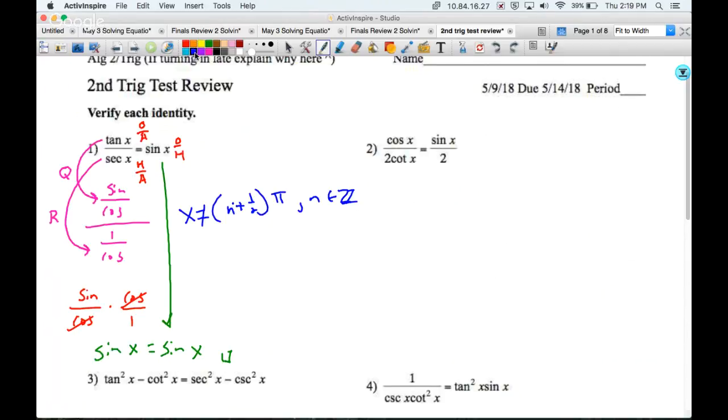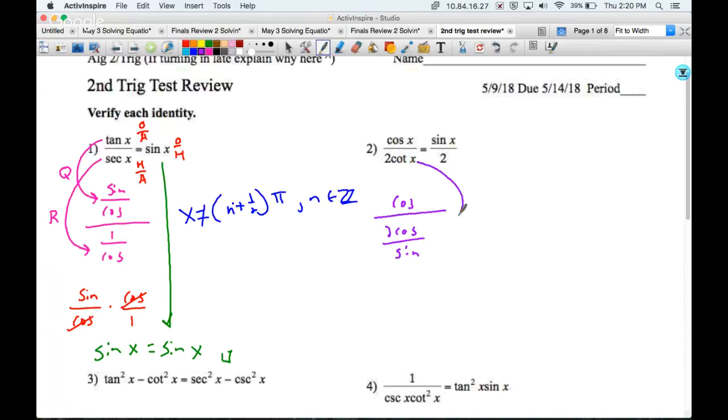Number two, let's see, decompose into sine and cosine. This left-hand side is going to become cosine divided by cotangent, and cotangent is the same as cosine over sine, so 2 cotangent would be 2 cosine over sine.